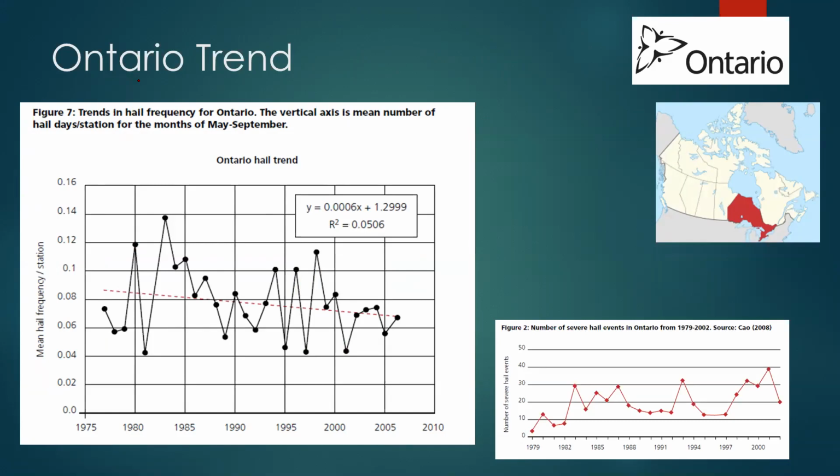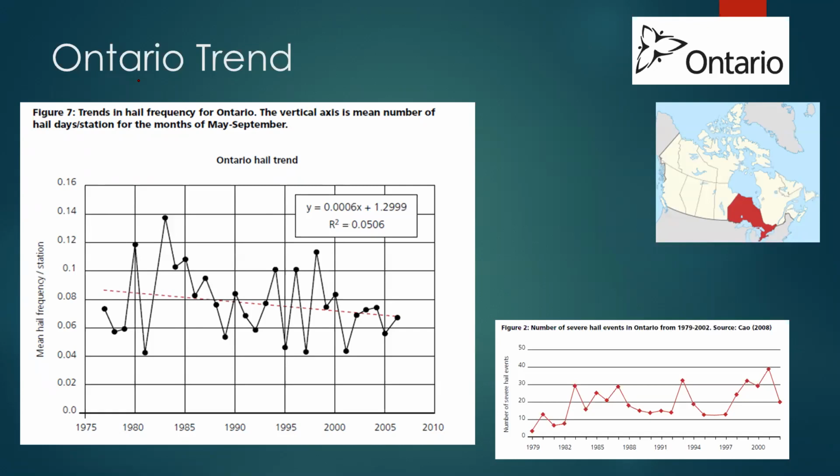If you do a linear regression, you find a very slightly negative slope, which doesn't look to be very significant. So my interpretation of this is that between 1977 and 2006 in this particular case, the trend is pretty neutral or very slightly negative in terms of hail frequency.